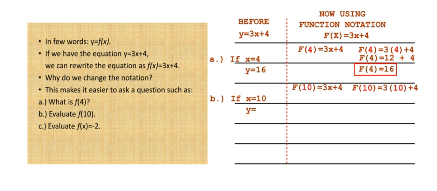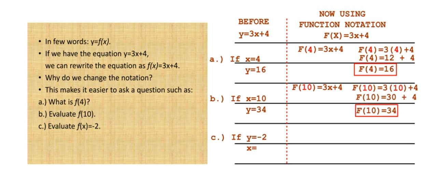We replace it with the 10. So we say 3 times 10 gives us 30. 30 plus 4 gives us 34. So f at 10 equals 34 would be our answer for this new function notation format. Before we would say that if x equals 10, y equals 34. But once again, now our answer is f at 10 equals 34. We have the question and the answer.